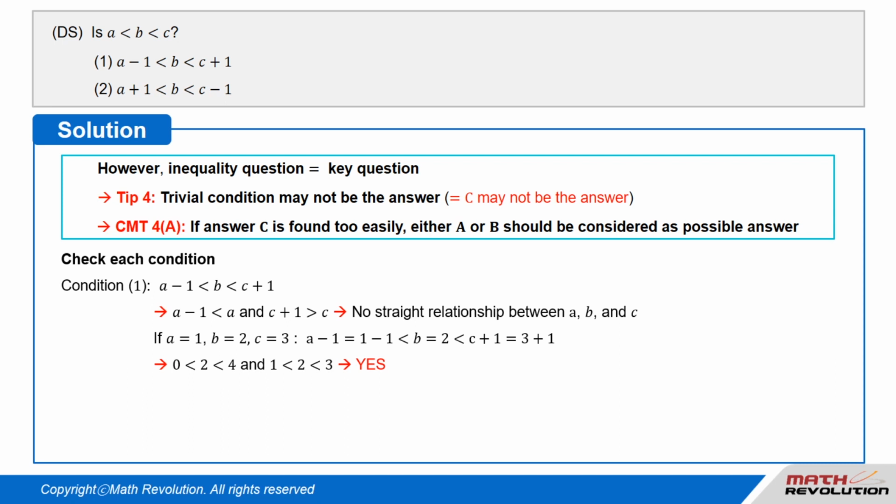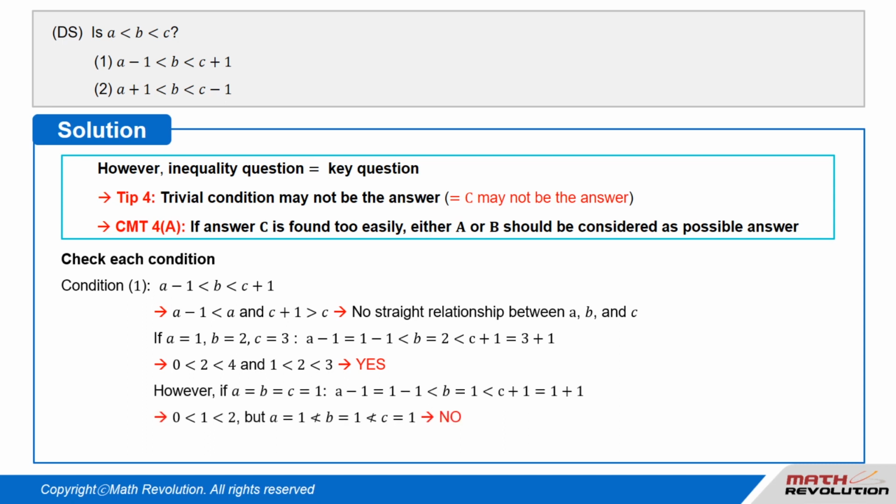Now, A minus 1 is less than A and C plus 1 is greater than C, so we cannot find a straight relationship between A, B, and C. For example, if A equal to 1, B equal to 2, and C equal to 3, which satisfies A minus 1 equal to 1 minus 1, that is less than B equal to 2, which is less than C plus 1, that equals 3 plus 1, or 0 is less than 2, which is less than 4, we get 1 is less than 2, which is less than 3, and thus the answer to the question, is A less than B, which is less than C, is yes.